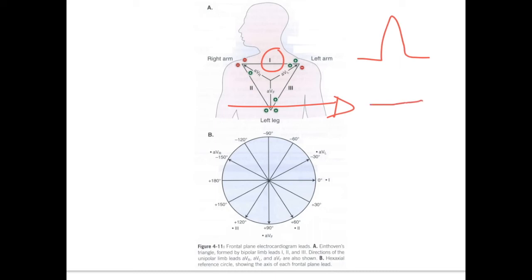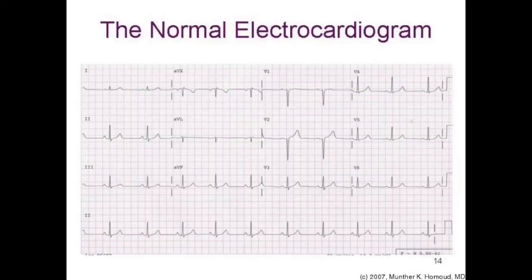So I hope this helps you appreciate that we are able to look at electrical activity in the heart from different angles, and based on the positioning of our leads, we can pick up where there's a strong electrical activity going in one direction versus the other in the totality of the heart. So when we put it together, this is what a normal ECG would look like.